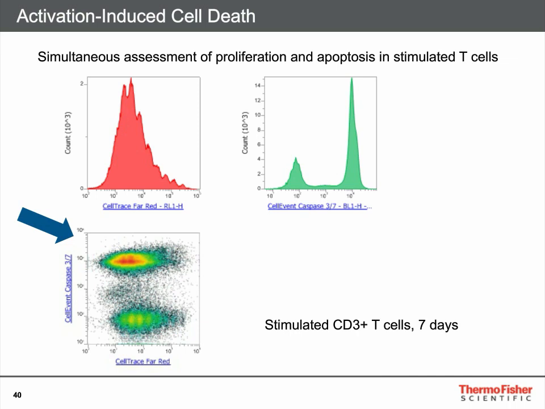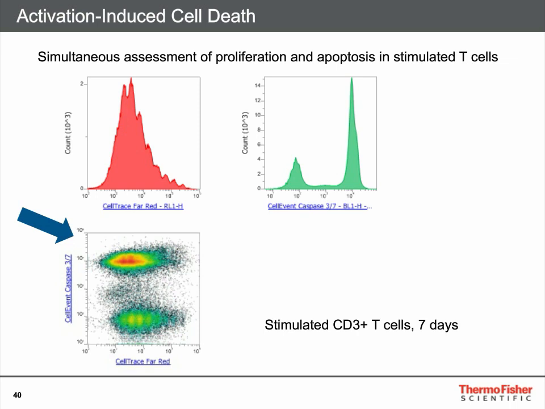So in this experiment, on the top left, we see PBMCs labeled with the dye CellTrace Far Red. In these plots, we're displaying CD3 positive T cells. So we see different peaks here corresponding to different generations of cells.